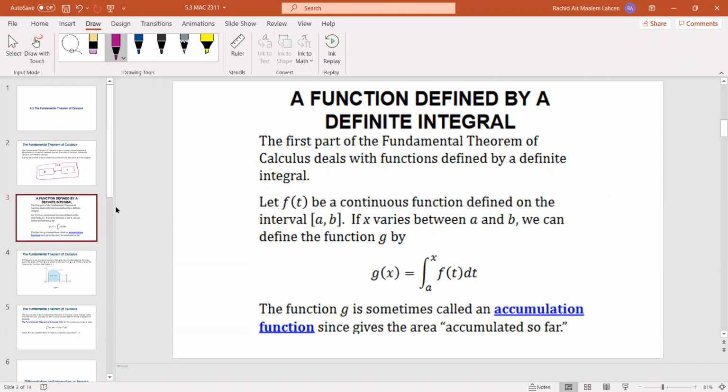If you have a function f of t, a continuous function defined on a closed interval [a, b], and x varies between a and b, we can define the function g by g of x equals the integral from a to x of f of t dt. Sometimes this function g is called the accumulation function because it gives the area accumulated so far up to x. And we'll see a graph.